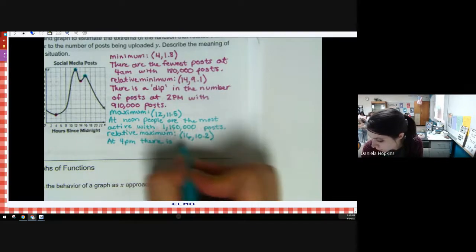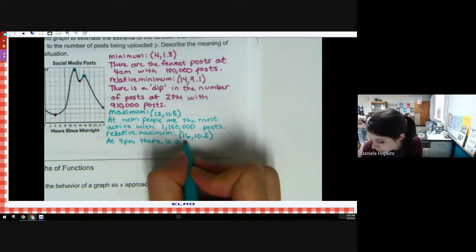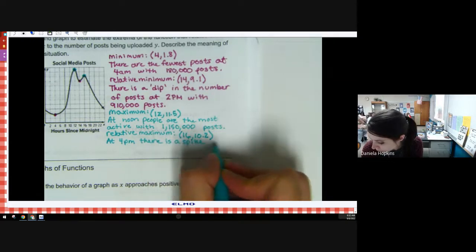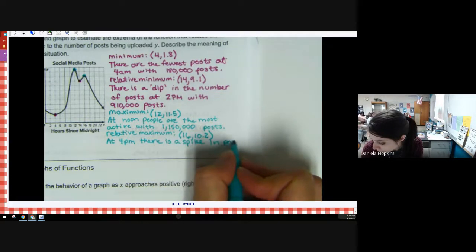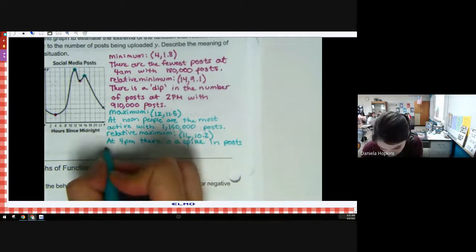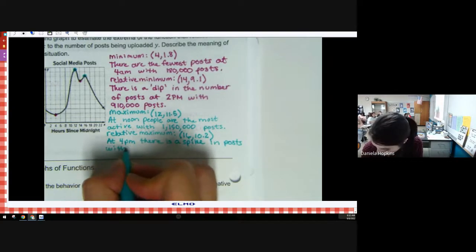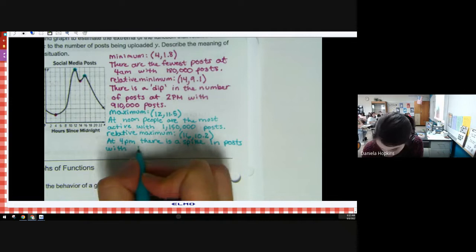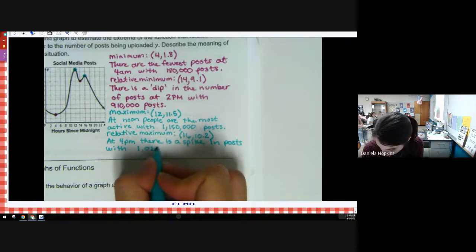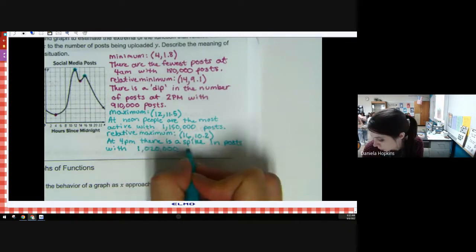It's not the actual maximum, but there is a spike in posts, with, and then I think it'd be 1,020,000 posts.